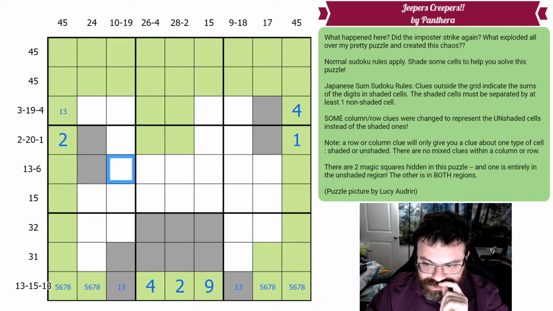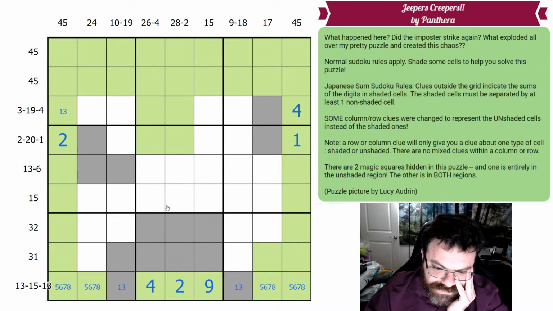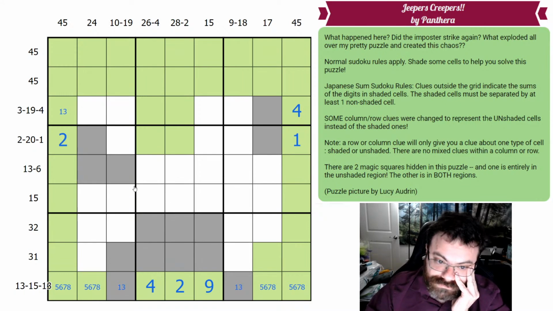Right, row 5 is gray. At some point I'm gonna have to place this magic square, but both magic squares.